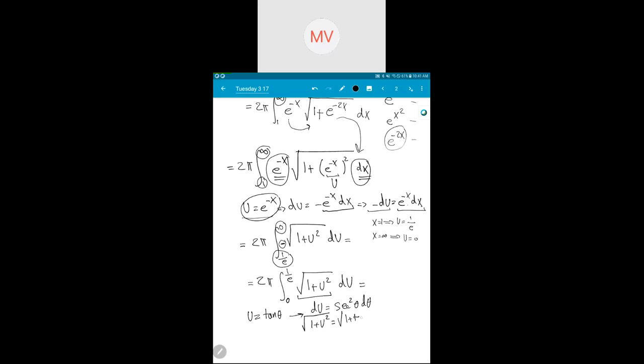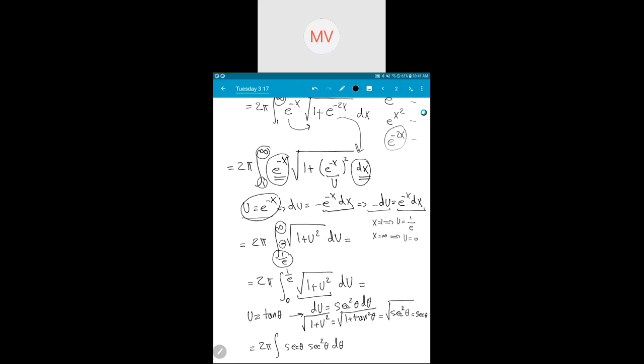It's 1 plus tan squared theta, which is the square root of secant squared theta, and that's secant theta, right? Okay. Now let's substitute. So it's going to be 2 pi, secant theta, secant squared theta, and then d theta.